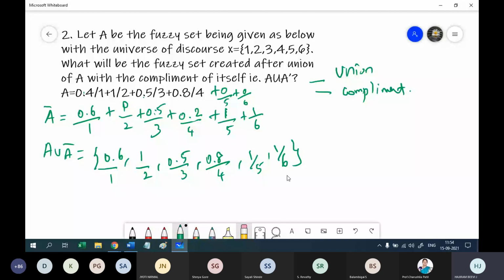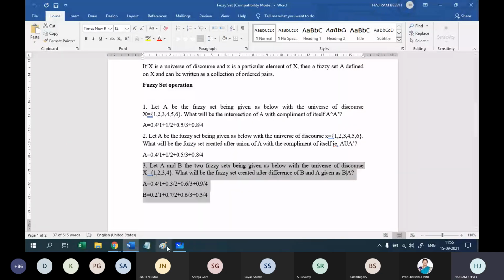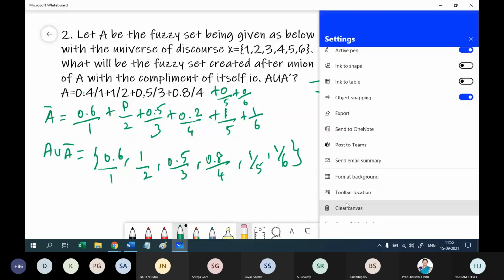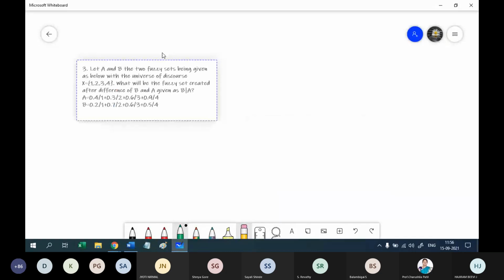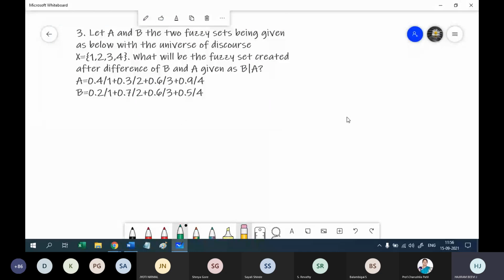So the next important one is difference. How to find the difference in fuzzy. Let A and B be the two fuzzy set being given as below with the universe of discourse x equal to 1, 2, 3, 4.